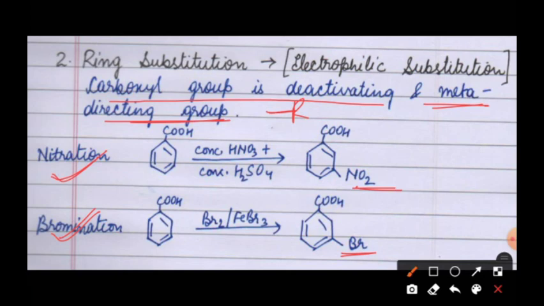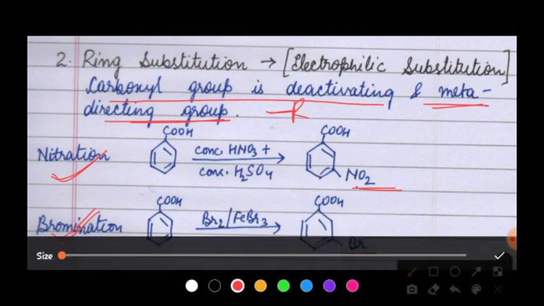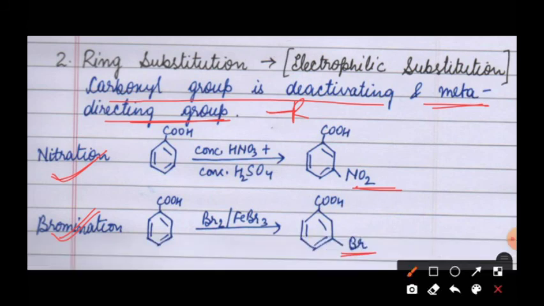Now you need to remember that Friedel-Crafts reaction is not possible with the carboxyl group because the carboxyl group is deactivating, and the catalyst that we use in Friedel-Crafts reaction is aluminium chloride, AlCl3.